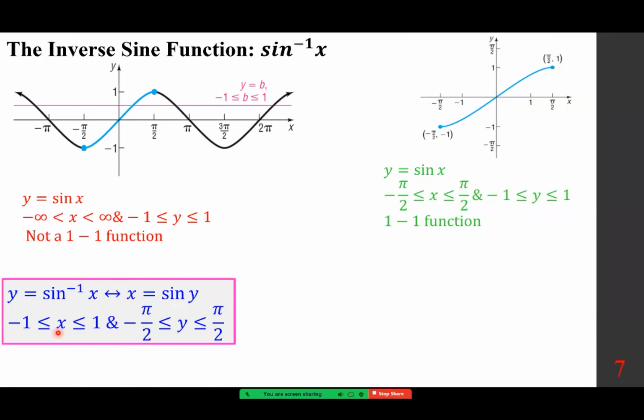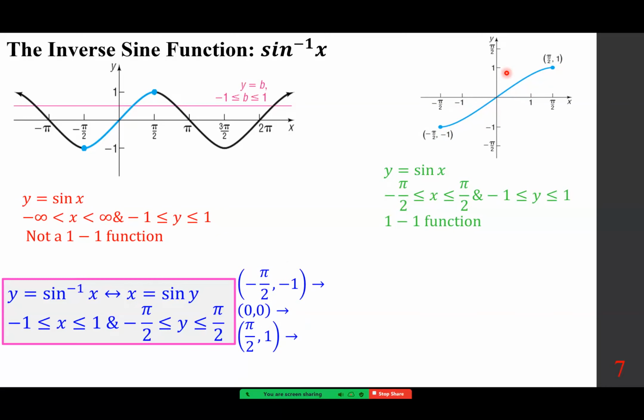And so let's look at the way we're going to graph, by looking at three easy points: minus pi over 2, minus 1; 0, 0; and pi over 2, 1. According to the inverse function, all you have to do is interchange x and y.